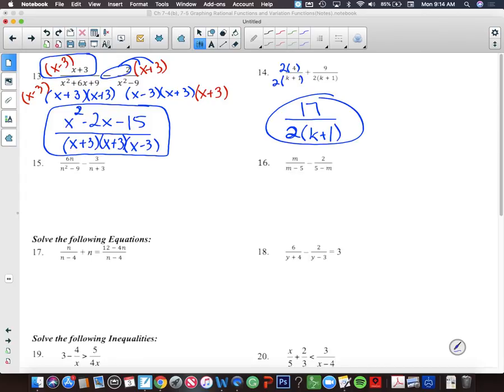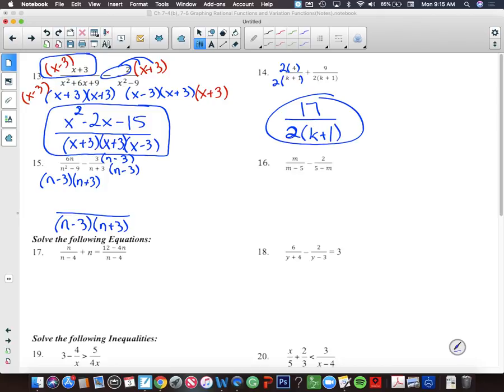15 here. Factor and common denominator again. So it's subtraction. This factors to n minus 3, n plus 3. So that's going to be our common denominator. Okay. So it looks like in the second one here, we're missing the n minus 3.